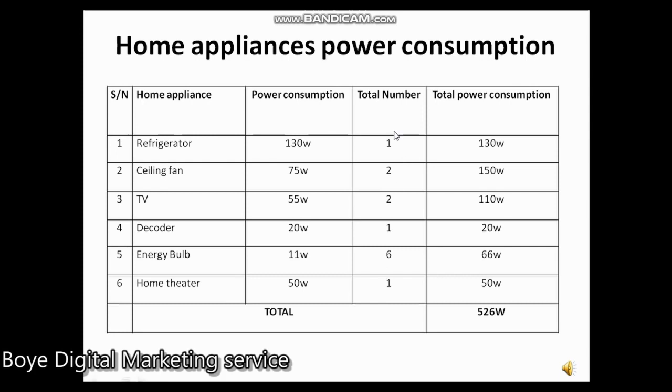Maybe in a home you have one refrigerator of 130 watts. Then you have two fans at 75 watts. You have two TVs at 55 watts, which the total will now give you 110. Four ceiling fans, 150. You have a decoder of 20 watts, which goes with the TV.